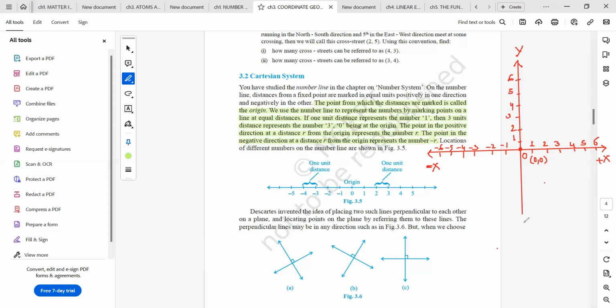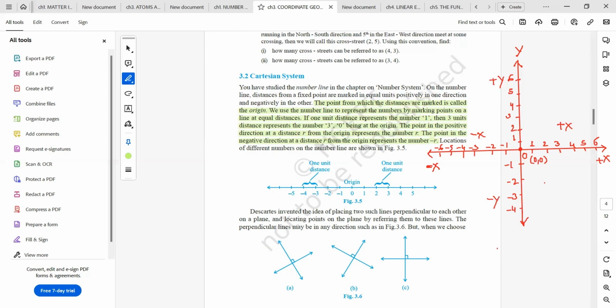If you go downwards, you will have all the negative numbers, -1, -2, -3, -4, and so on. So that is how we define the positive x-axis and negative x-axis, the positive y-axis and negative y-axis. Is it clear?